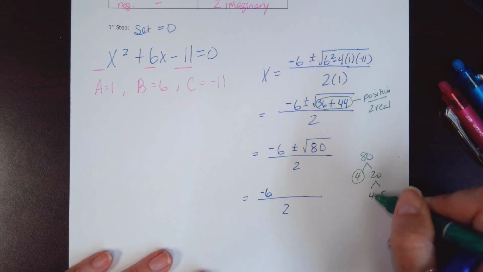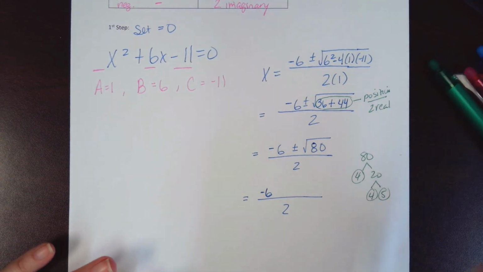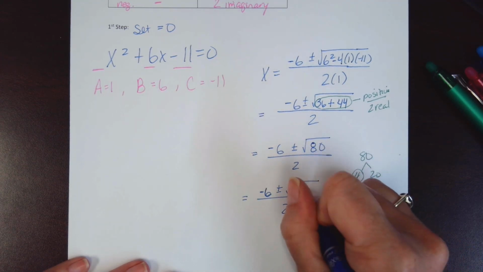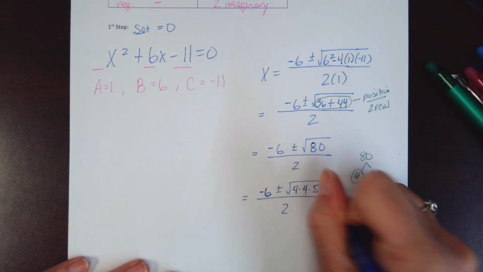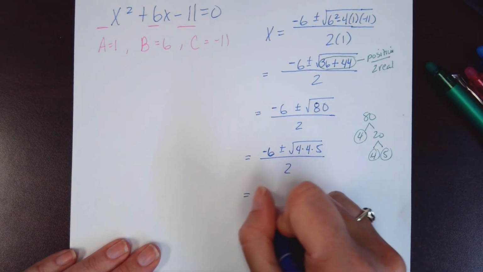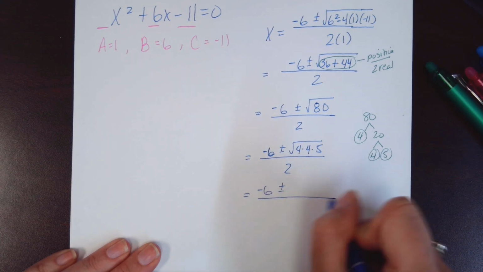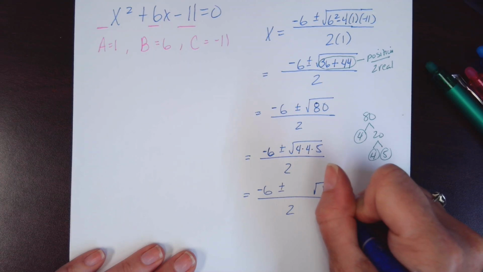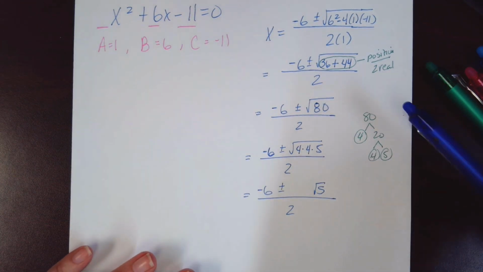So 80 is 4 times 4 times 5. I can work with that. So underneath my radical, 80 is the same thing as 4 times 4 times 5. Well, what can I simplify? 4 is a perfect square, 5 is not. So that square root 5 is going to have to stay square root 5. I can't do anything about that.